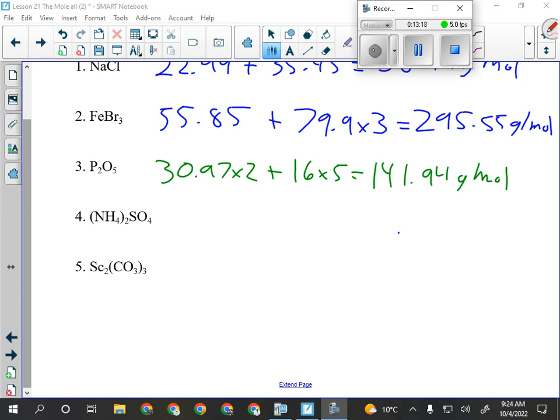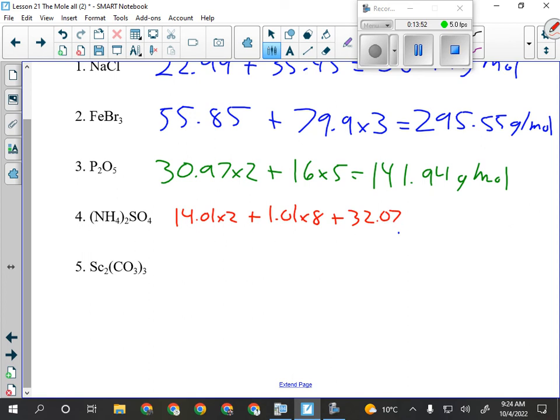Looking at the last 2 here. So I've got ammonium sulfate here, and I have to do this element by element. I'm not going to find the molar mass of polyatomic ions. I can only go element by element. So there are 2 nitrogens, 14.01 times 2. There are 8 hydrogens, 1.01 times 8. There's 1 sulfur. Is it 0.7 or 0.6? 0.6, right? 0.7.